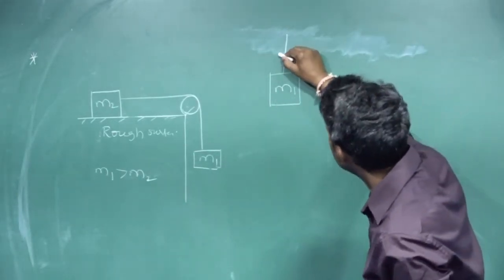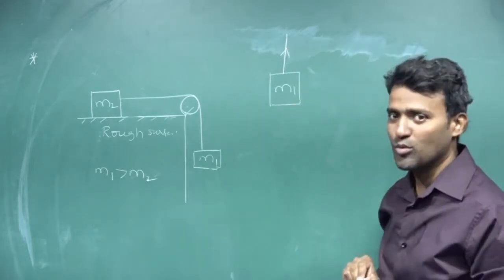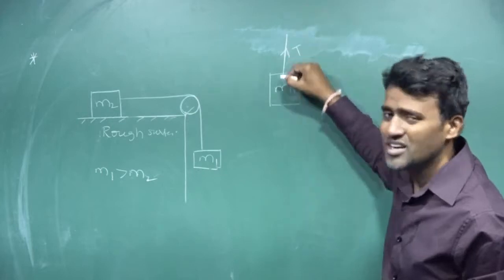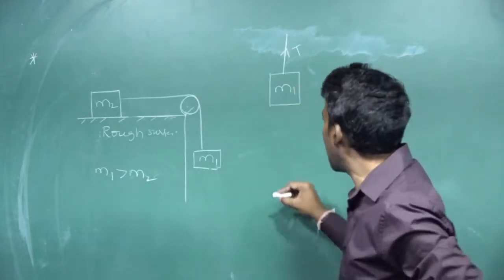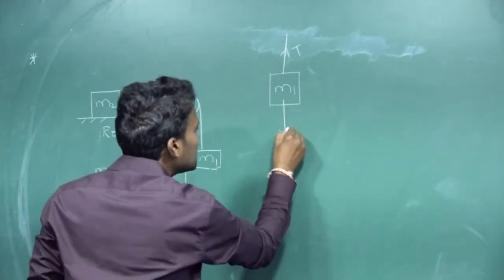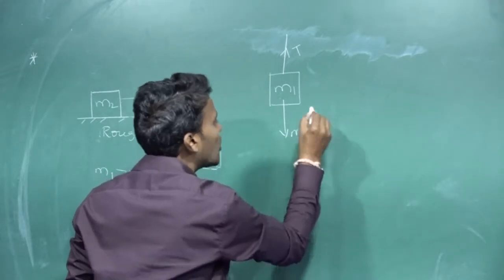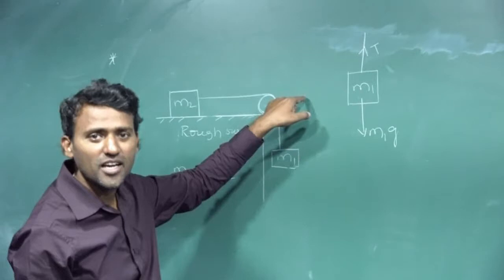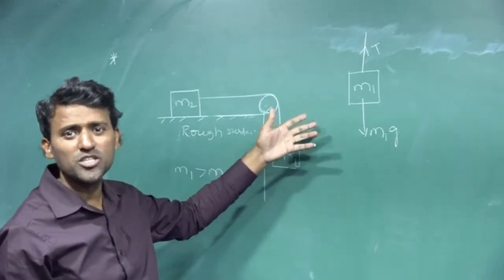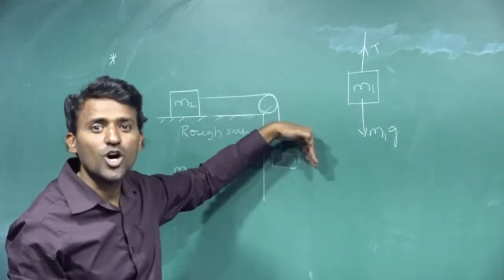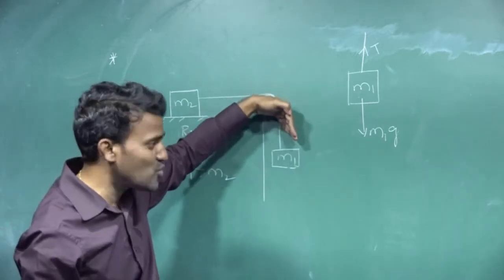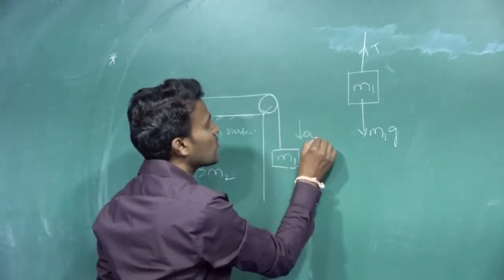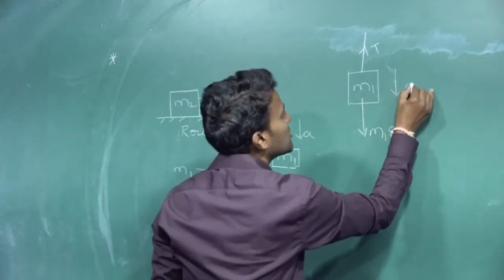See here, the tensional force is upward, which means it is away from the object, and the weight of the object is acting in the downward direction. Now this block is accelerating downward because the object is moving downward. When the object is moving downward, the acceleration of the block is in the downward direction.